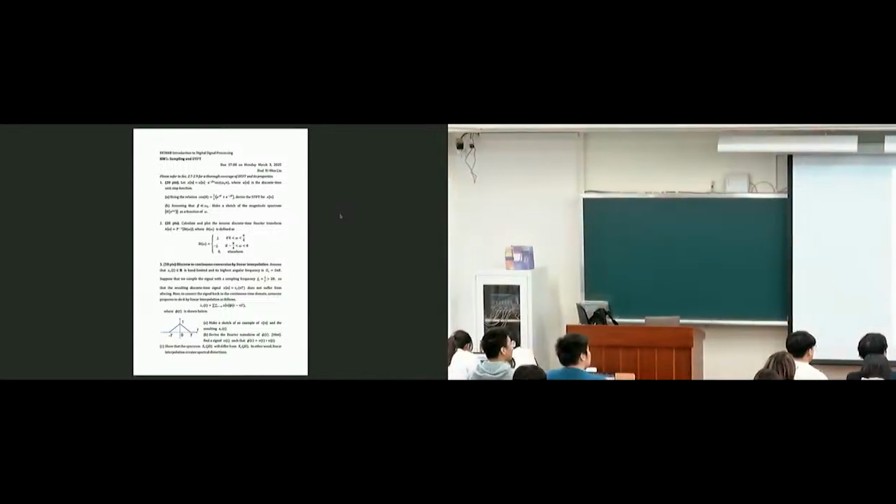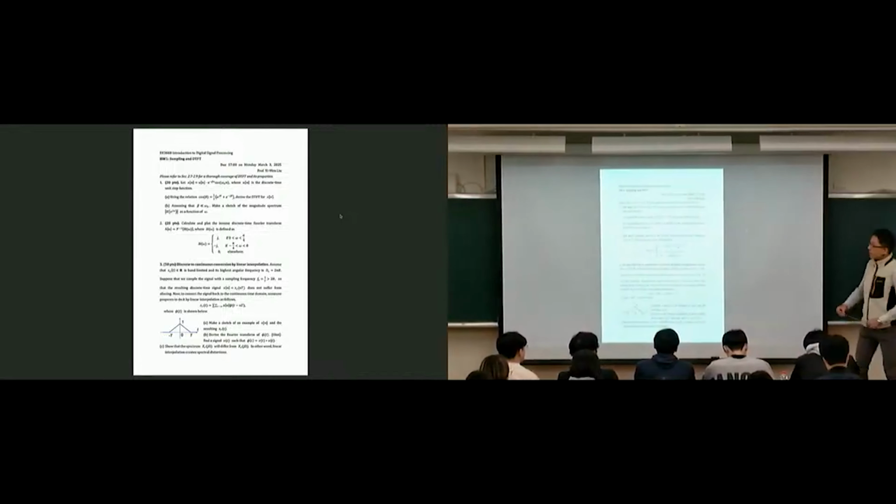The first question will ask you to derive the DTFT of a time domain signal in discrete time. That's just calculation. You do need to use the definition of DTFT, so you might need to refer to the textbook or to signals and systems.